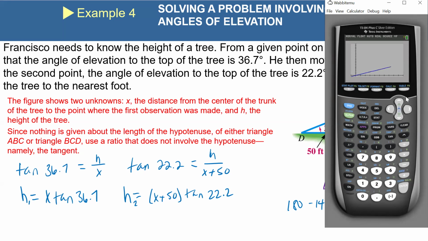Slower than usual. Ooh, are we gonna hit? Let there be intersection. Let's change my X max to 100. There we go. Ooh, I got an intersection.